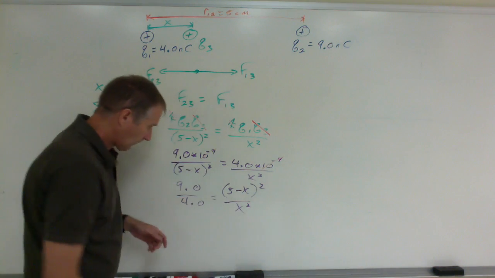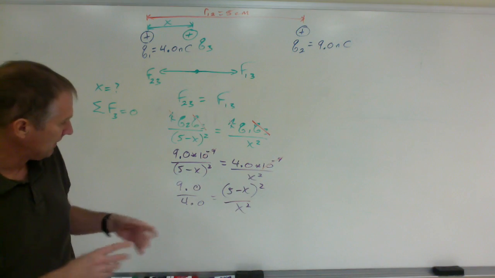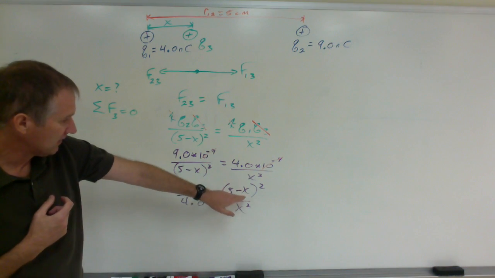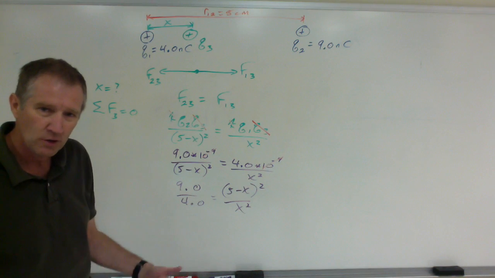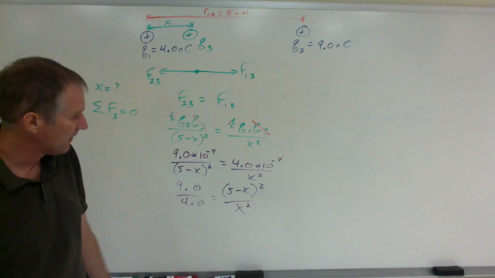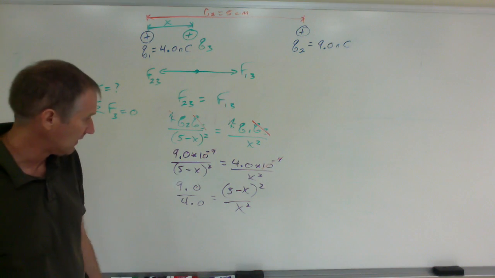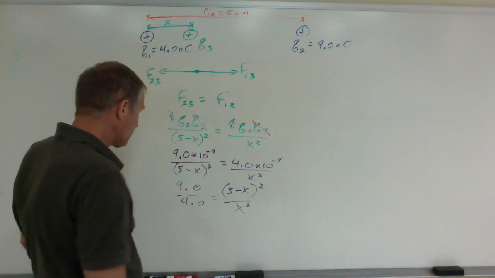Now, I don't know if it occurs to you or not, but instead of expanding this binomial, which you could, but which would be a pain, just take the square root of everything. You can take the square root of the left-hand side and the right-hand side, which is always permissible.